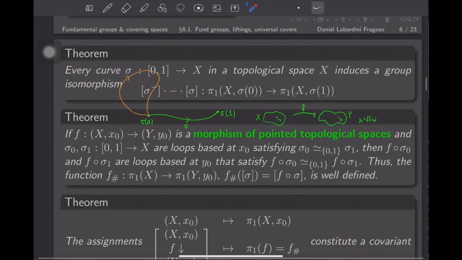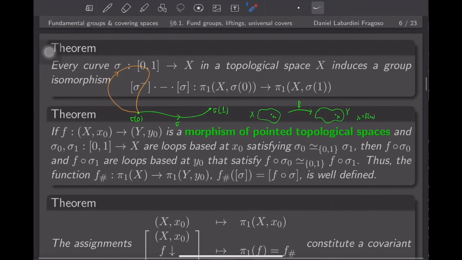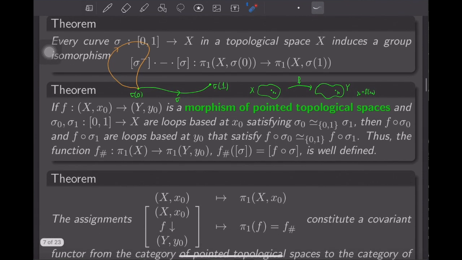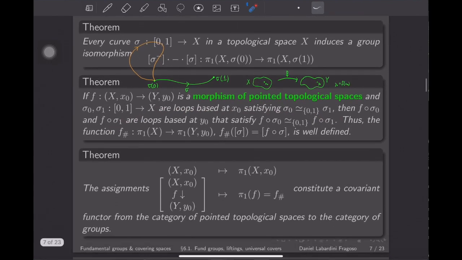And well, this function is actually a group homomorphism. But yeah, this says that it's well defined, but it's actually a group homomorphism.